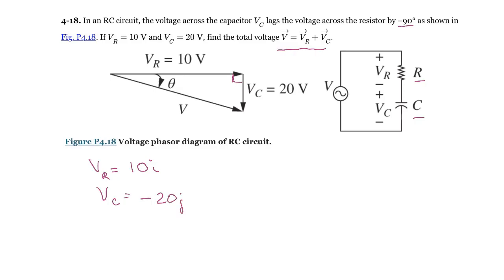Here I have VR and VC, so vector V. So vector V is just going to equal 10I minus 20J.